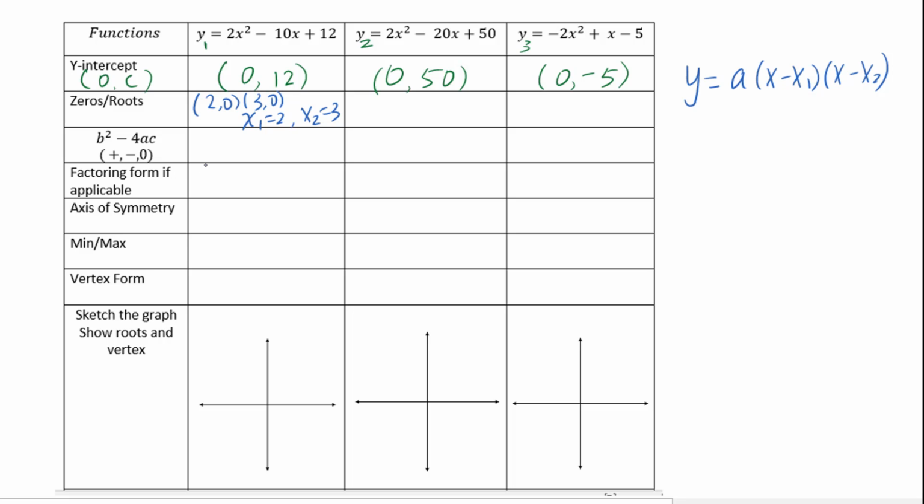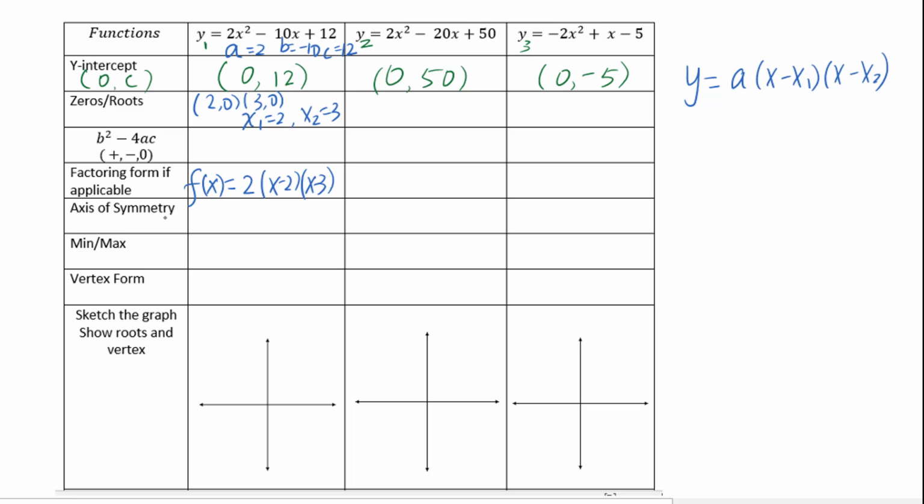Therefore, you will have f of x equals, a is 2. You know a equals 2, b equals negative 10, c equals 12. So we have 2(x minus 2)(x minus 3).